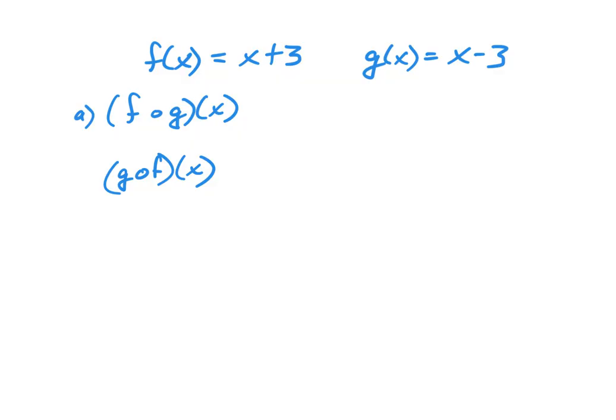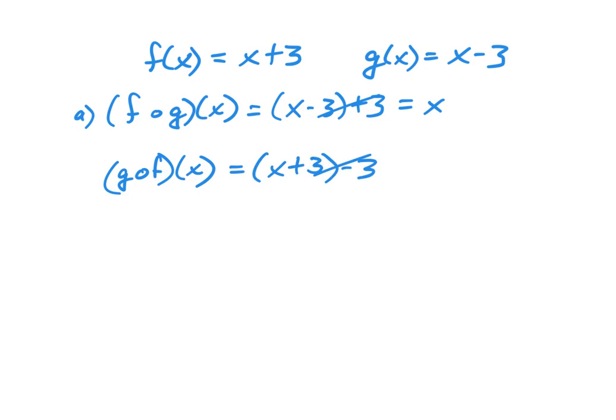If I take G and plug it into F, the 3's are going to knock out, which just leaves me X. If I take F and plug it into G and go the opposite direction, once again, 3 minus 3 is 0, and it leaves us X.